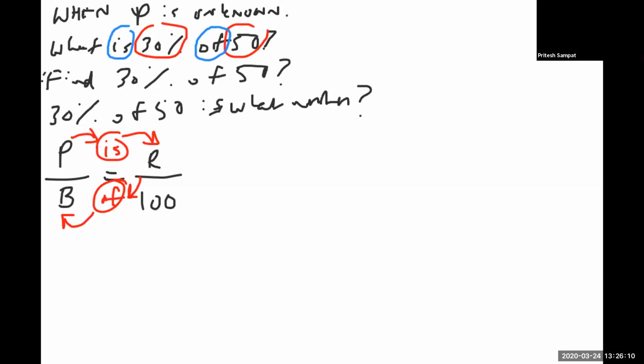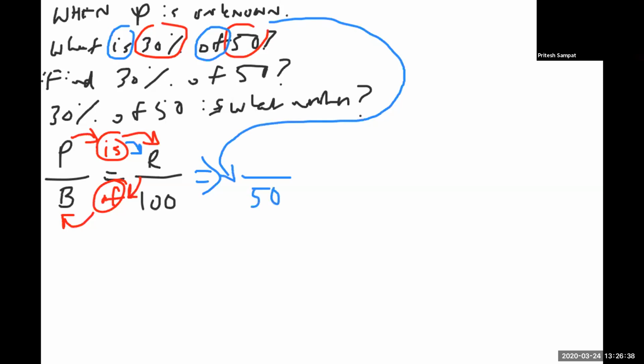So if I follow this route and I just plug it in the same order that I get, if I have is, the rate, and of, the base, that indicates to me that I will have a base of 50 and I had is 30%, so that'll go up here.